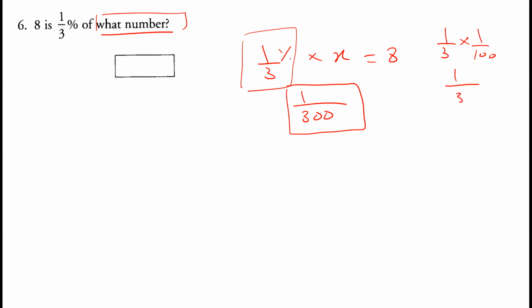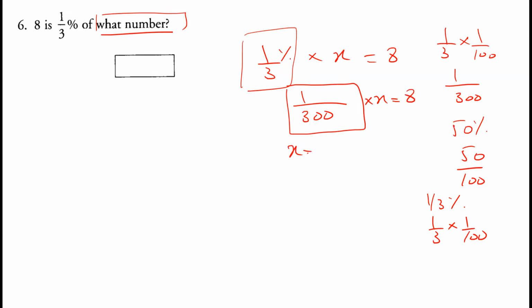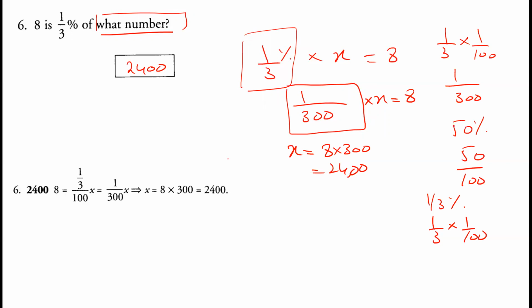So it would be 1/300. For example, 50% is what? 50/100. 1/3% would be 1/3 into 1/100. So 1/300 into x equals 8. X equals 8 multiplied by 300, which equals 2400. So the correct answer is 2400.